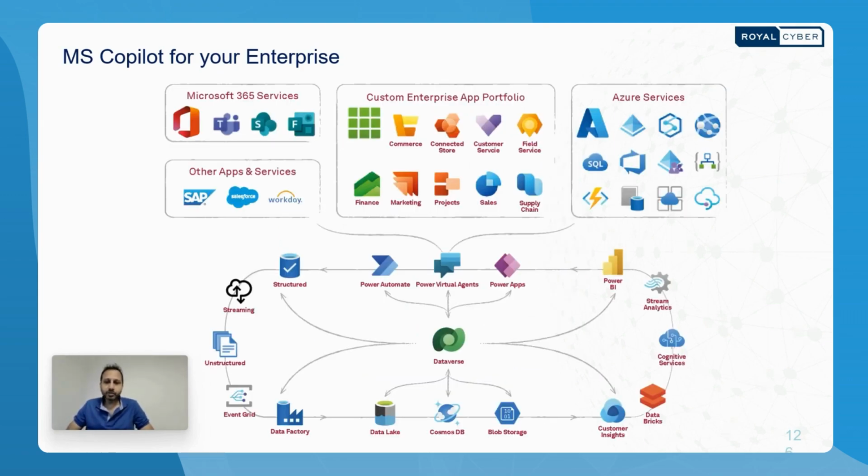Data from various sources flows through storage, processing, and automation components, enabling powerful analytics and real time decision making. This setup supports both structured and unstructured data and integrates tools for automation, AI, and business insights, allowing for a robust and scalable enterprise ecosystem.